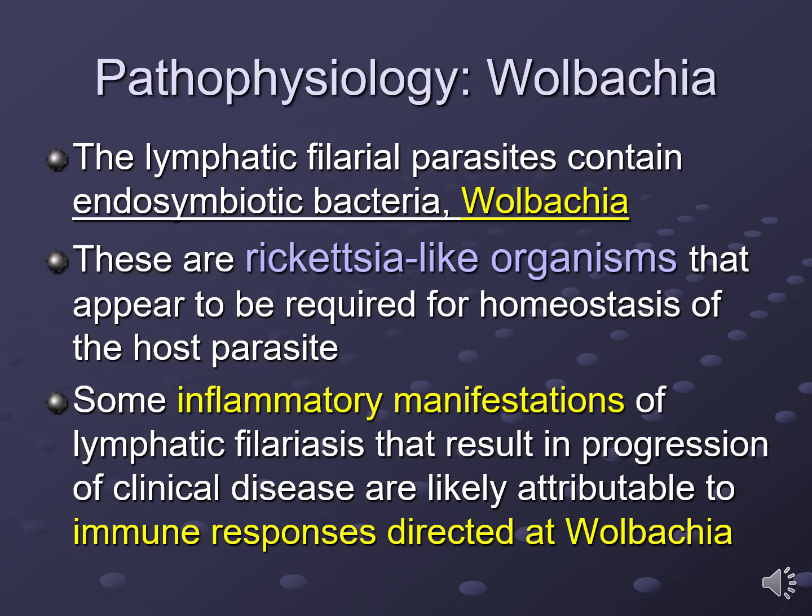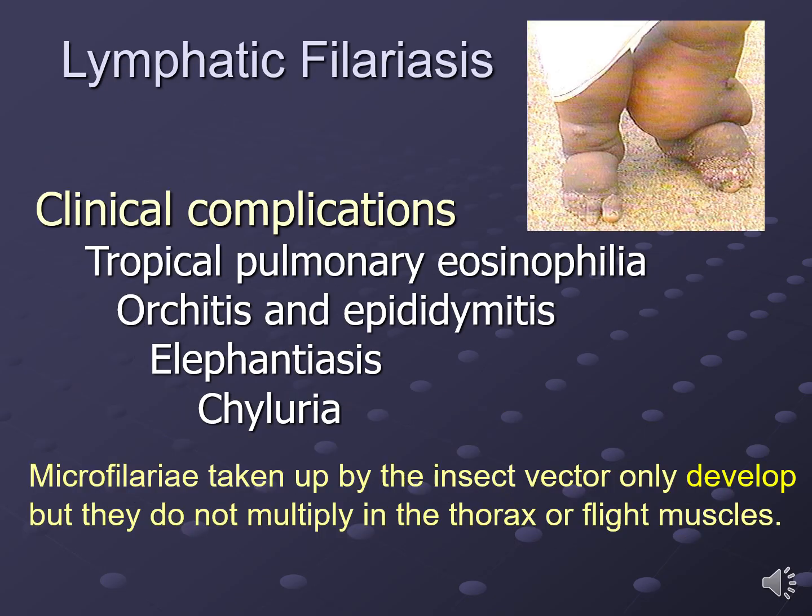Hence the physical presence of the worms there, with the inflammation that they produce, will result in obstruction that results in lymphedema and chronic lymphadenitis and lymphangitis that will result in elephantiasis. So the bacteria Wolbachia is instrumental in producing that inflammation.